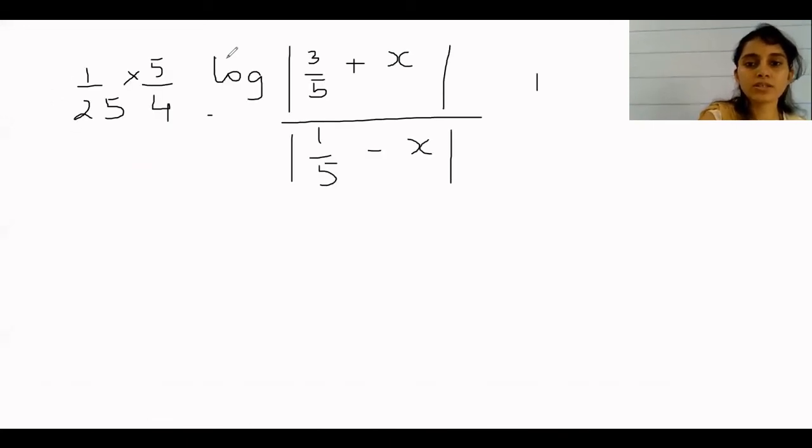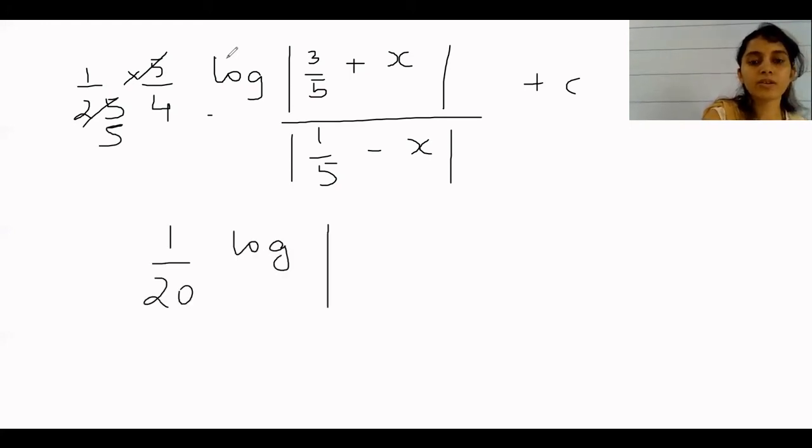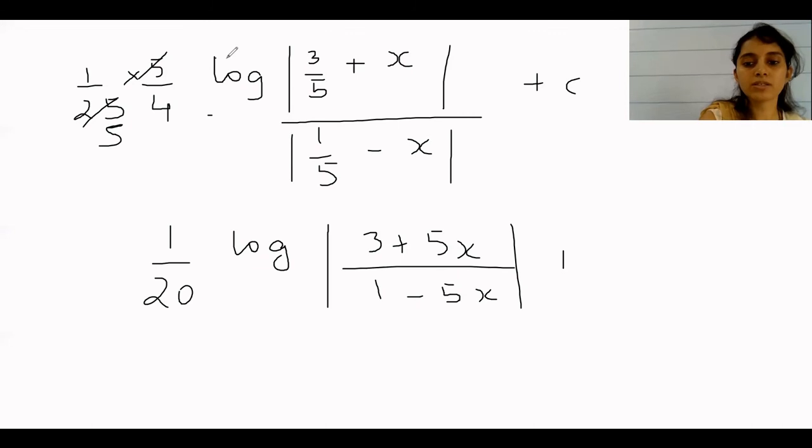Plus c. So we are getting 1 upon 20 log of 3 plus 5x upon 1 minus 5x plus c as your final answer.